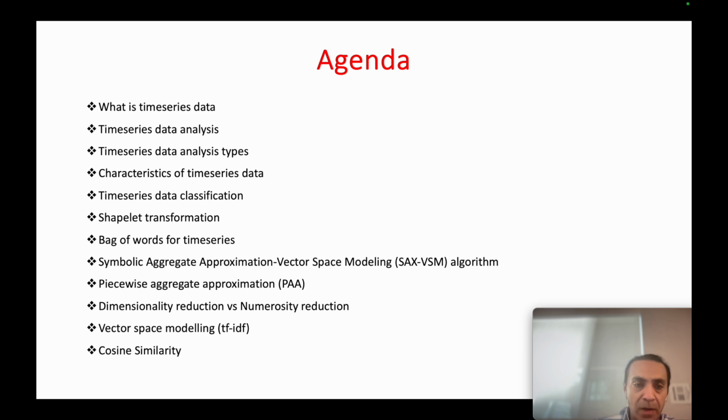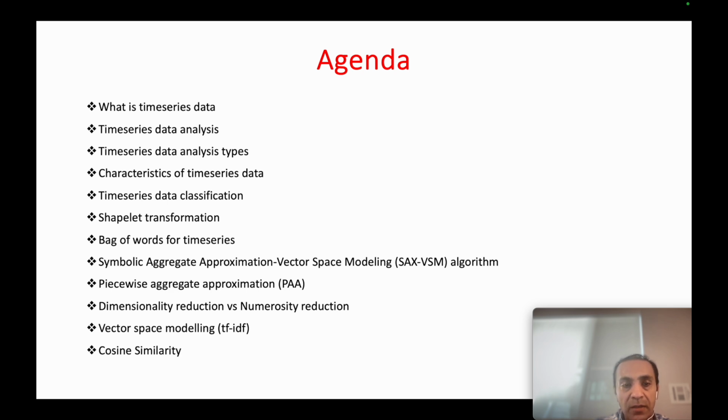Then, a part of SAX-VSM, another algorithm called piecewise aggregate approximation that we use for dimensionality reduction to reduce noise in time series data. As time series data has a lot of noise, we need to reduce the noise before analyzing it. So we use piecewise aggregate approximation that I will show you. Then I will show you the difference between dimensionality reduction and numerosity reduction.